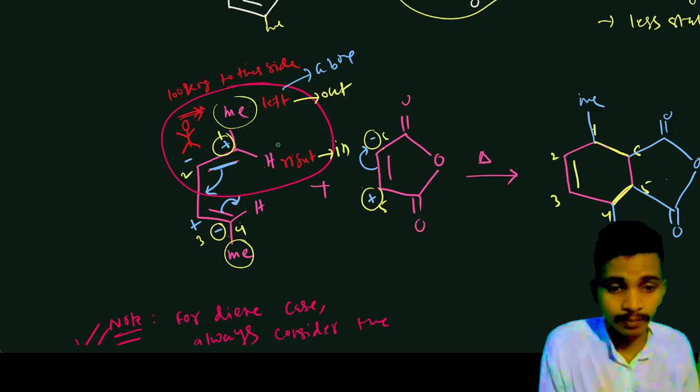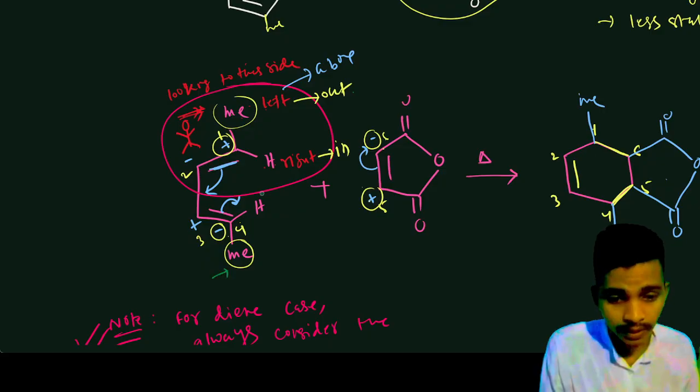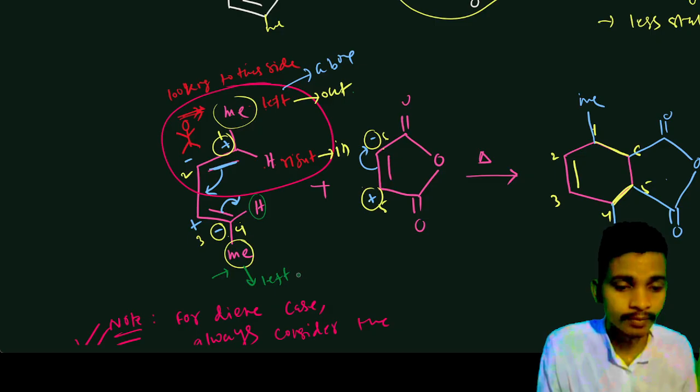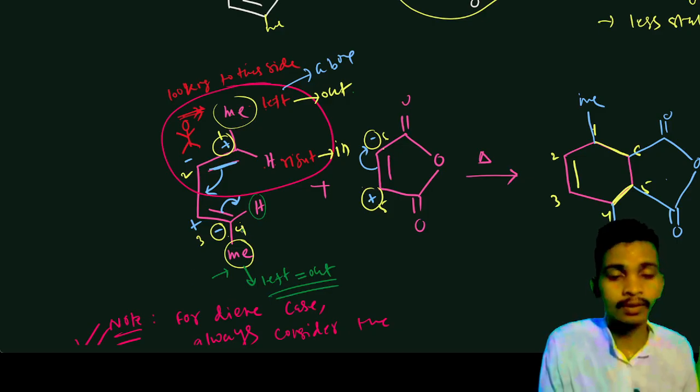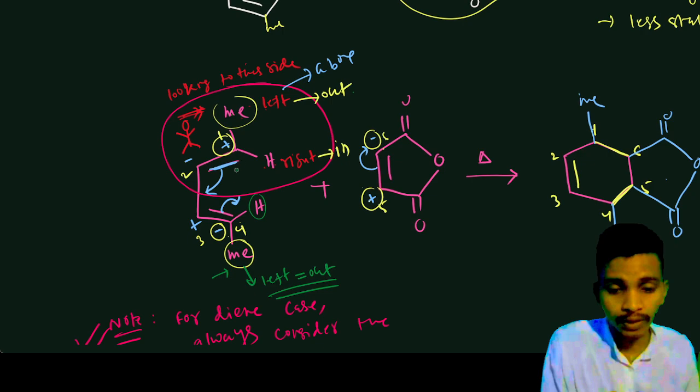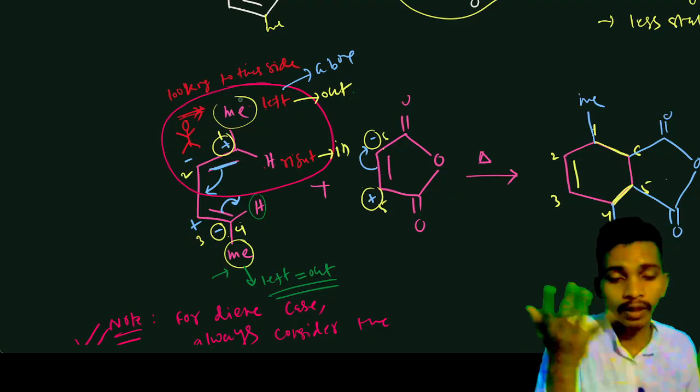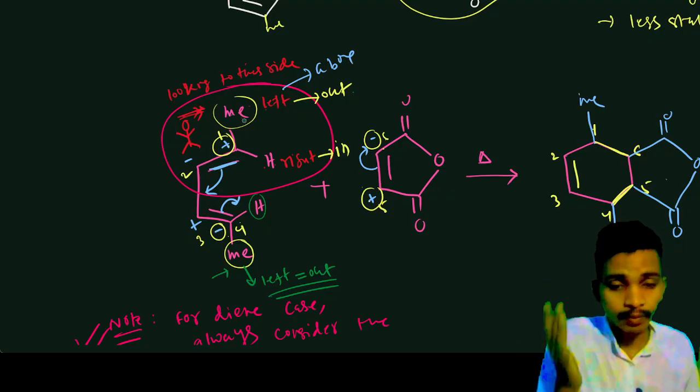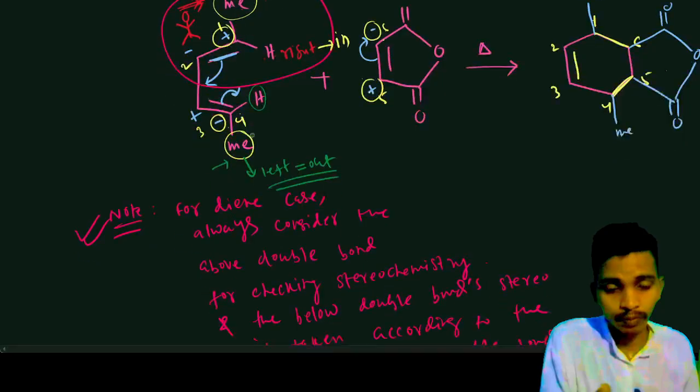What we say is that by considering the above one, that out one is left, meaning this is also the out one and this is in, so this out one is also going to be left. Why? Because we will take the stereochemistry of the below double bond by taking the above one. By looking at the above one, that way we can consider.